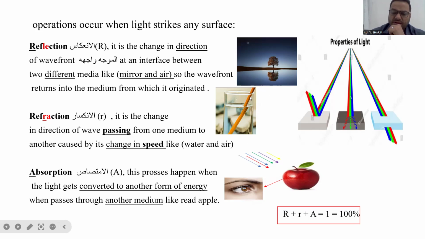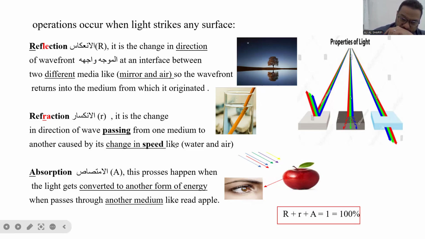Because the light speed here is different, like the same pencil inside the water, because here the light speed is less than in the air. By that, the picture will be slightly shifted compared with the same pencil in the air.